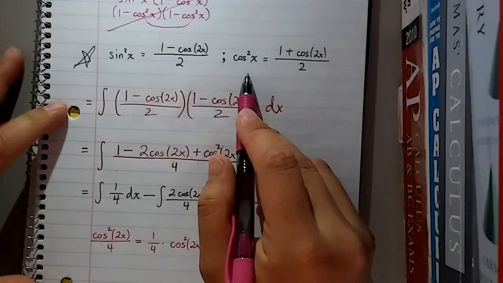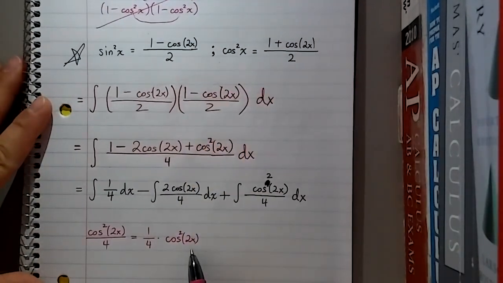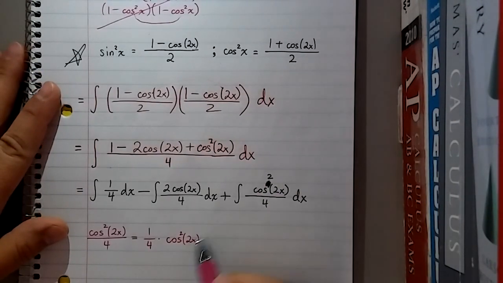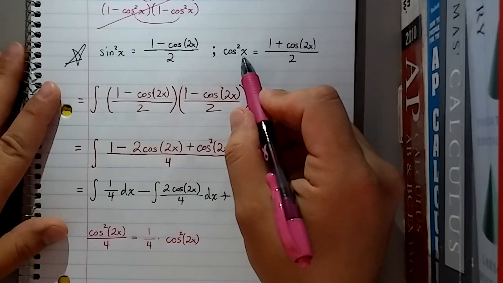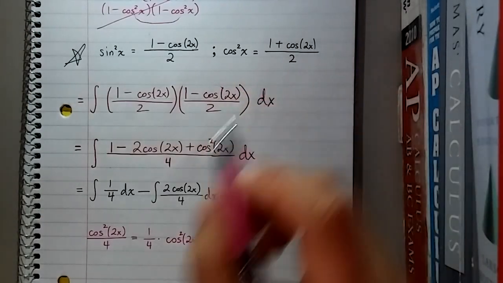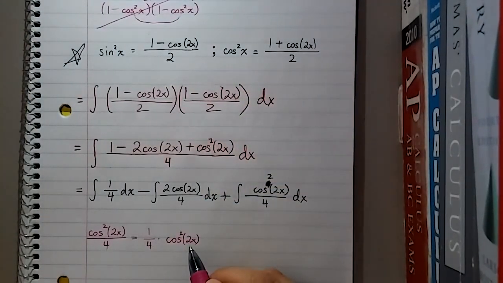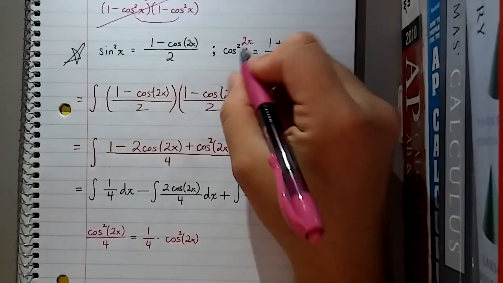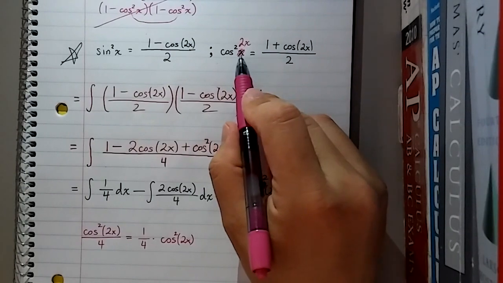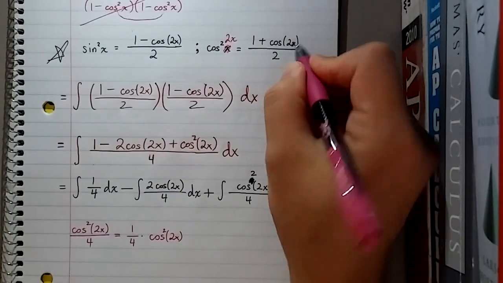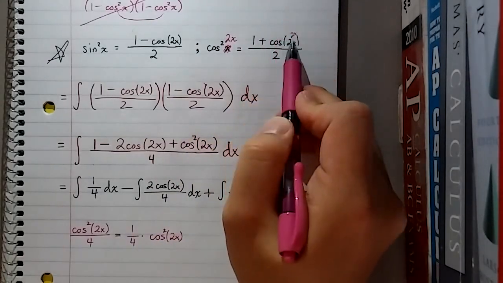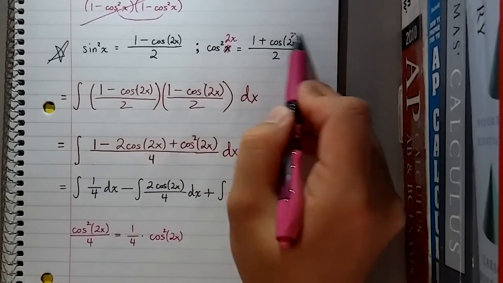We do know what cosine x squared is, but we don't know what this is, except we kind of do. What we did up here is replace the x with 2x. So all of our x's in here become 2x, and that means the 2x becomes 2 times 2x, or 4x.